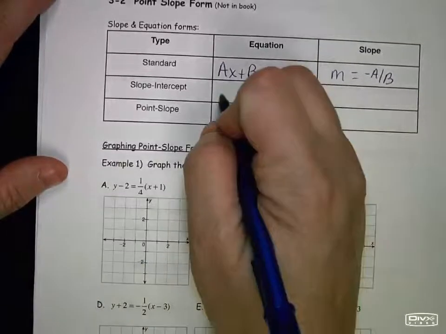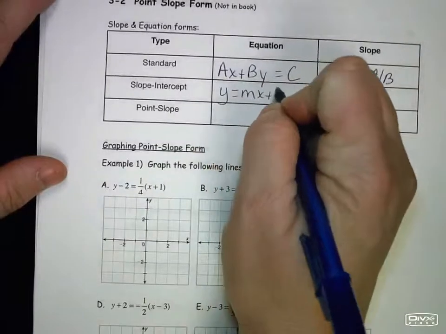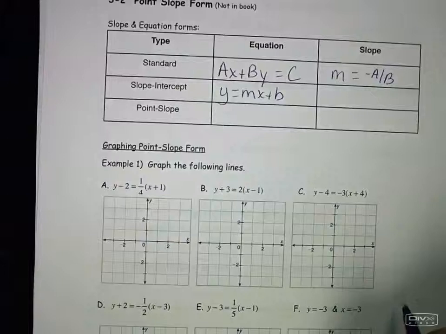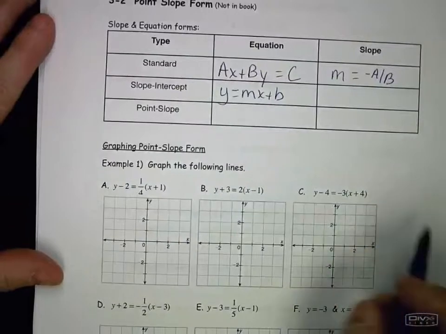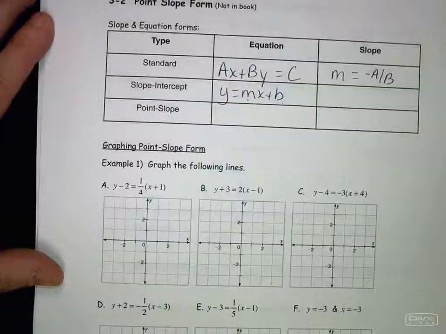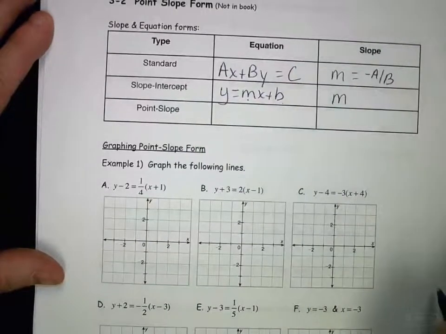The second form of a line we have is slope-intercept form, which is y equals mx plus b. And this is called slope-intercept form because this is your slope and this is your y-intercept. And your slope in this case is m.